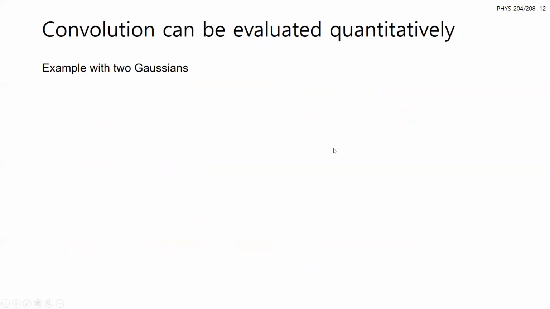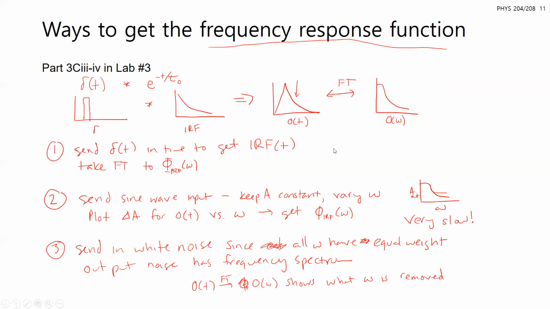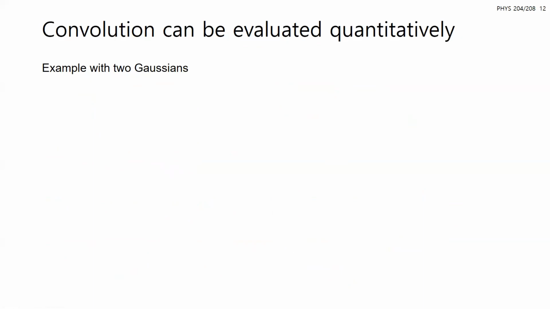So a little bit of shift. We're talking about frequency response function. A little bit of shift, talking about some math as well about the power of convolution, and we'll get back to the instrument response function.